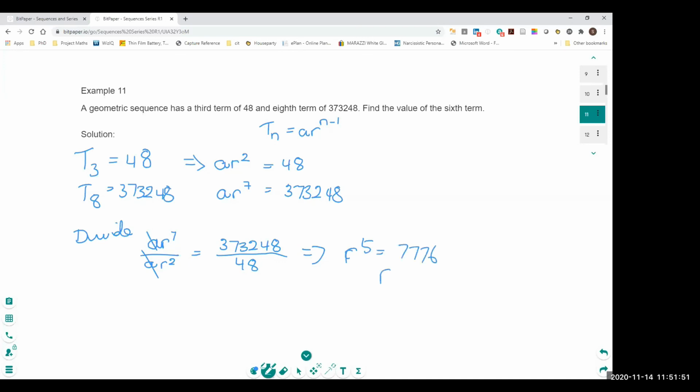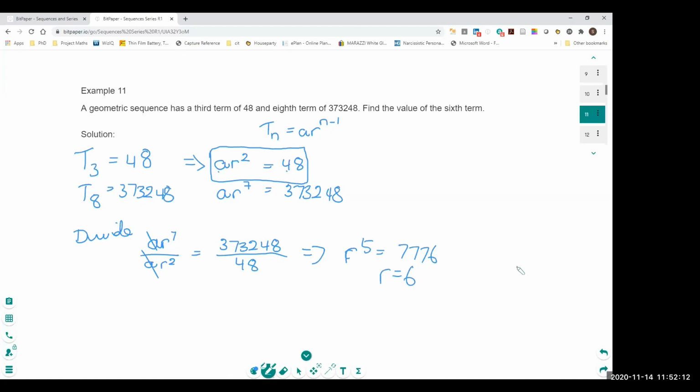So r is equal to 6. Simple as. So the trick in this question was equating the formula to the number, and then you're able to use algebra to solve for r.